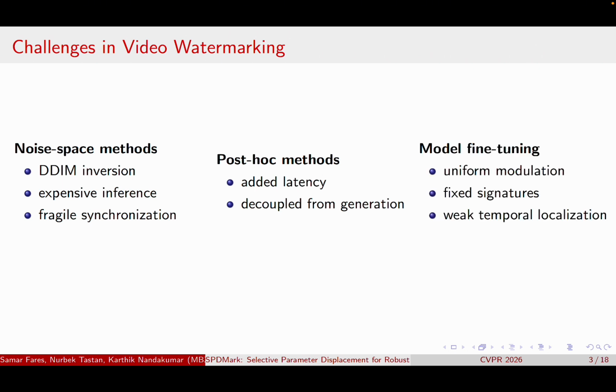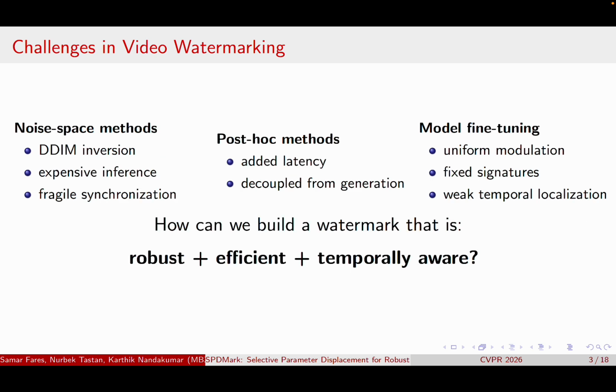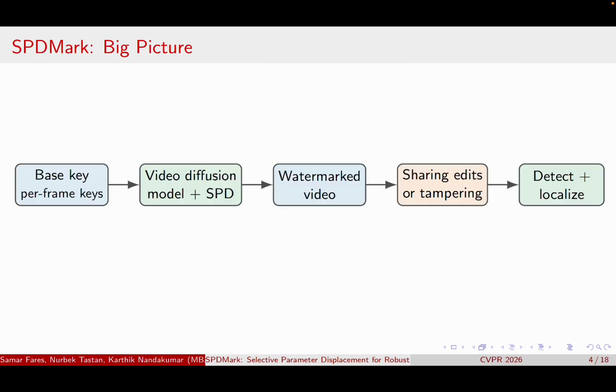Model fine-tuning methods modify the generator, but many of them use uniform modulation or fixed signatures. This limits their ability to support frame-specific messages and temporal tamper localization. So our goal is to build a watermarking method that is robust, efficient, and temporally aware.